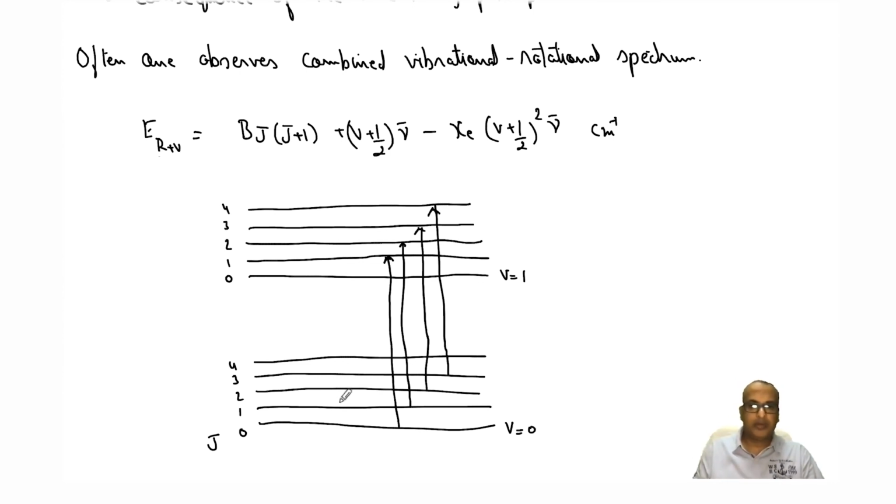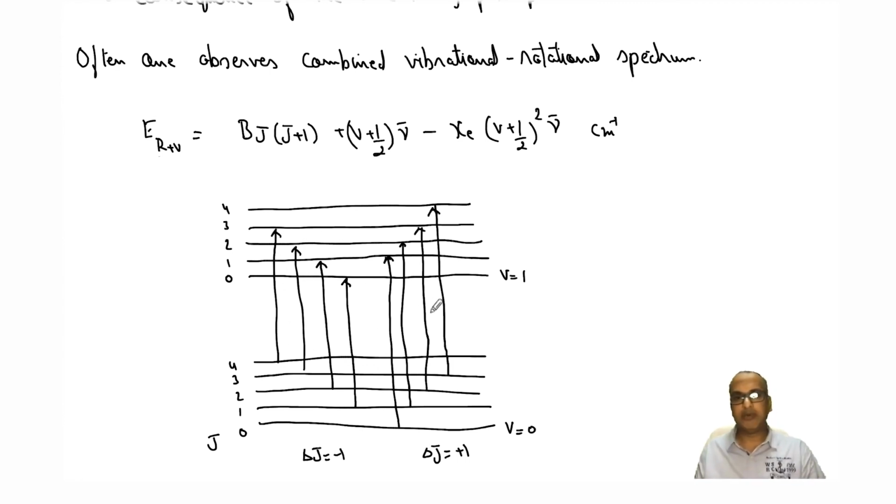It is also possible that I can go from 1 to 0, because delta J is equal to plus 1. Similarly I can have delta J equal to minus 1, because both are allowed. Now 1 to 0 is allowed, 2 to 1 is allowed, 3 to 2 is allowed, and 4 to 3 is allowed.